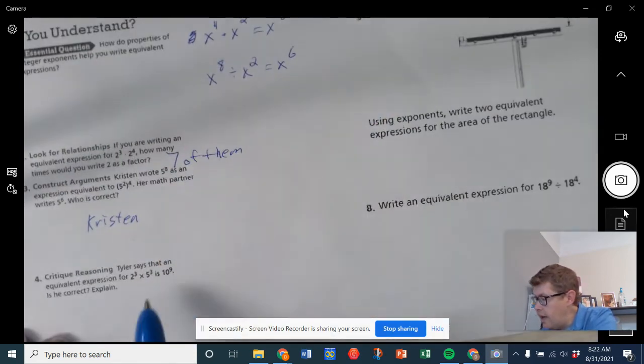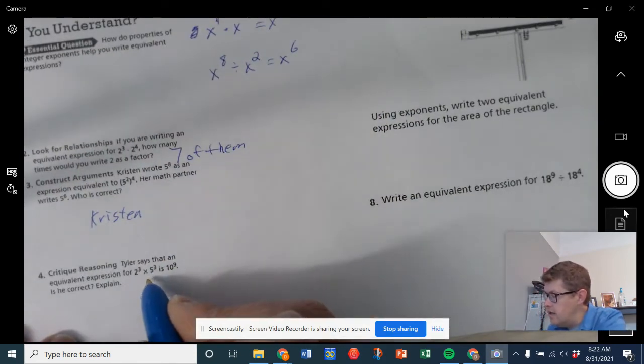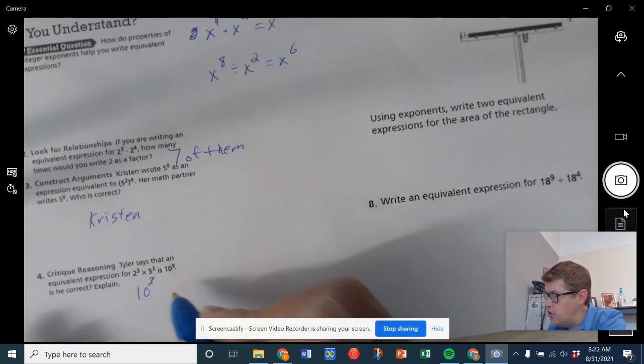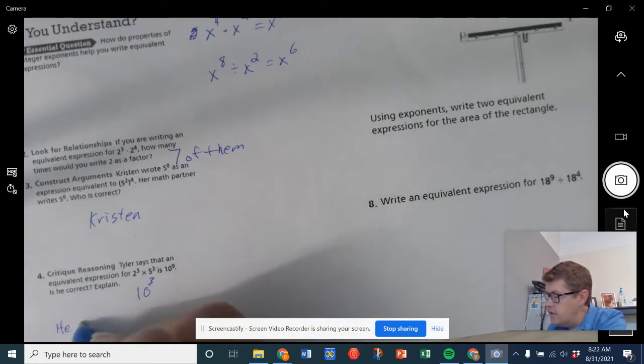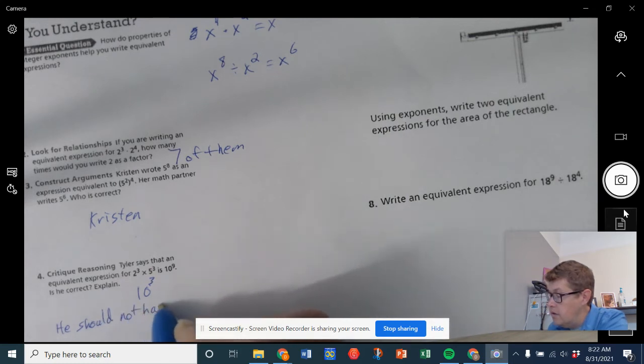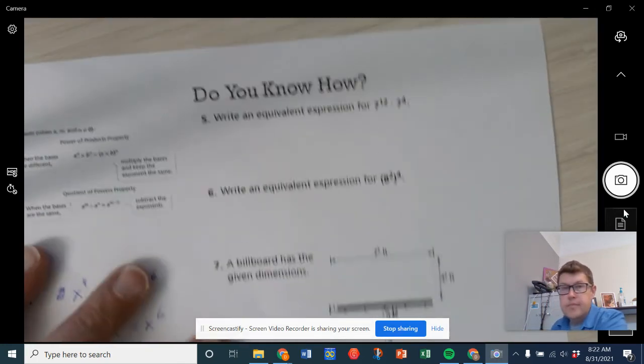So rather than 10 to the ninth, it's going to be 10 cubed. He should not have multiplied his exponents. So that's the idea here. Okay. All right. So let's just try these out.